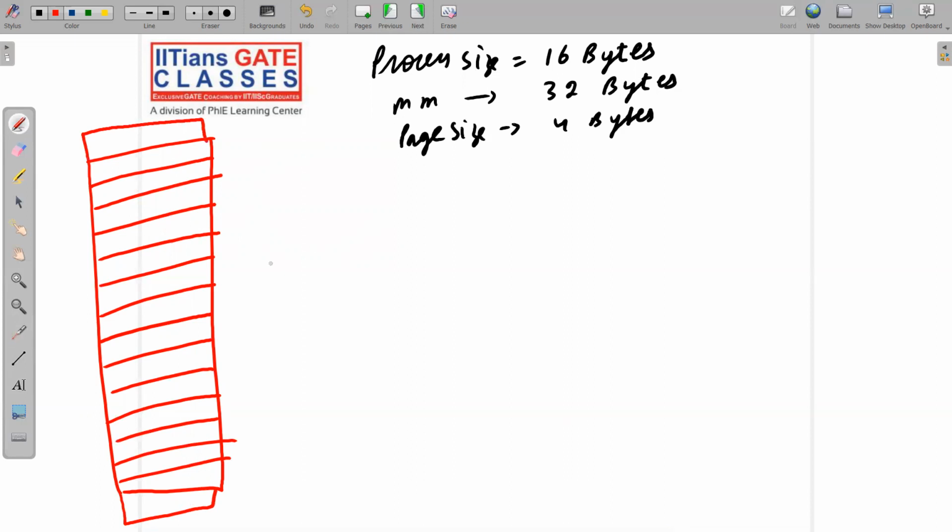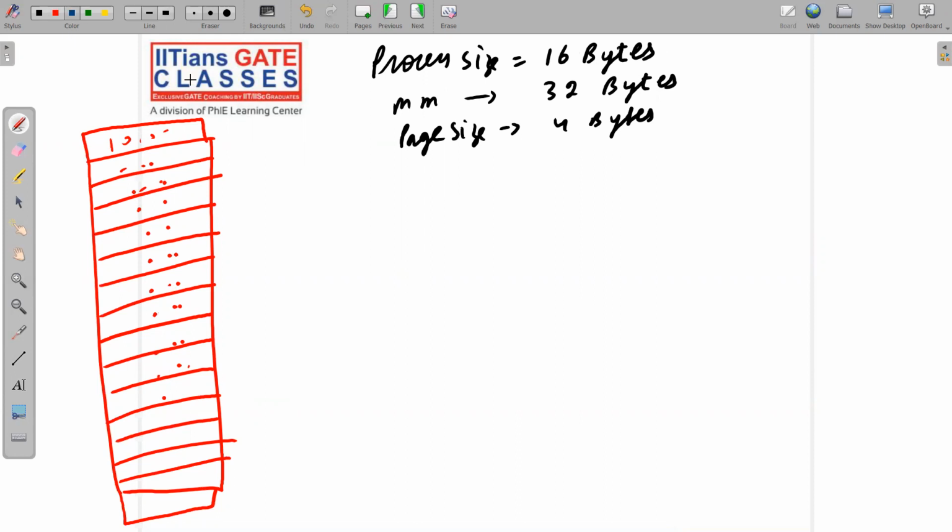These are the 16 bytes of your process. We can fill any data here in 8 bits, since 1 byte is 8 bits, but our main concentration is not on the data. Our main concentration is on the address.